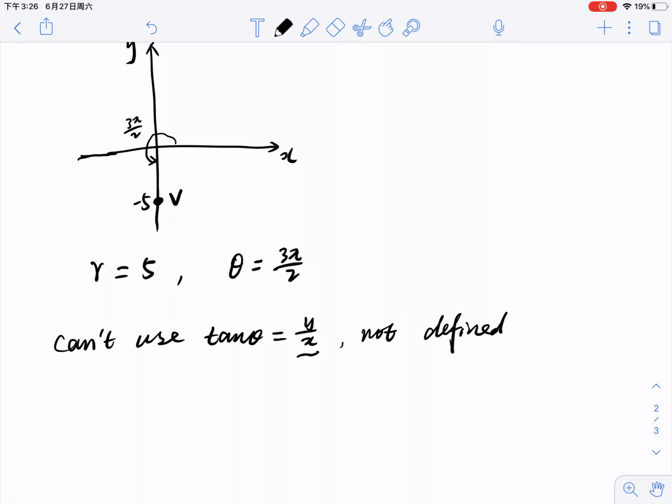Because the angle theta can be allowed to wrap around the origin more than once, there are many possibilities for the polar coordinates of a point. For this point V, we can choose theta is 3 pi over 2. We also can choose theta is negative pi over 2, or theta is 7 pi over 2.